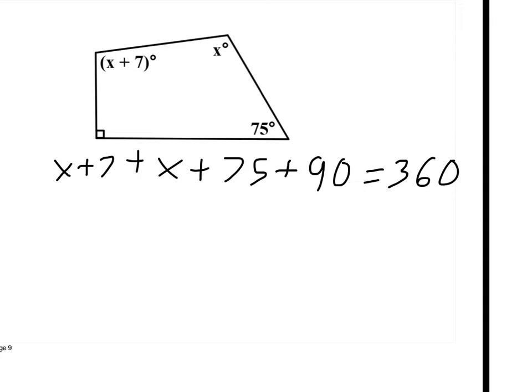Then I combine my like terms. x and x are like terms. These constants, numbers without variables, are like terms as well. So x plus x is 2x. You just add the numbers in front, which is 1 and 1. 7 plus 75 plus 90 gives you 172.